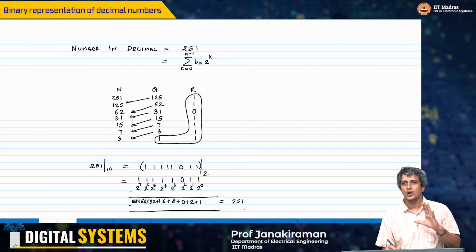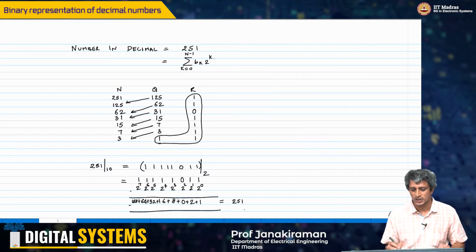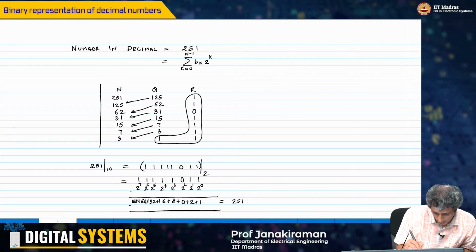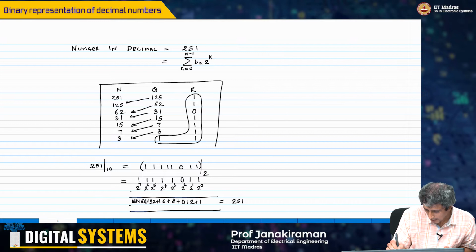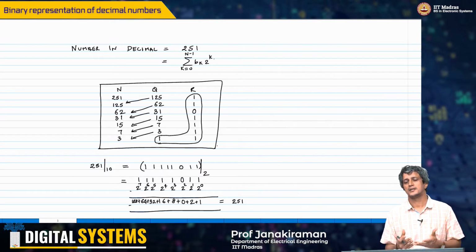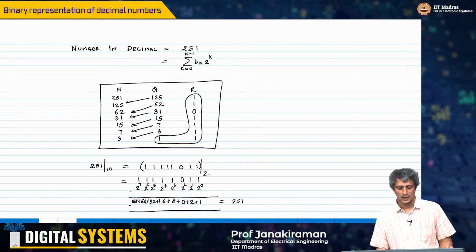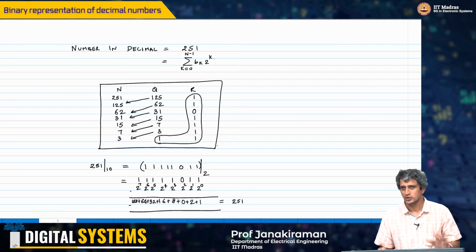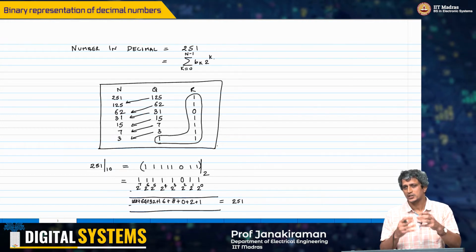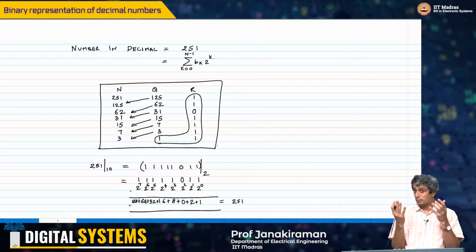So, in order to convert a decimal number to binary, just follow this procedure that I have shown here. Keep dividing by 2 and you will get the answer in a very straightforward manner. The weighing balance example was only to give you an analogy so that you understand the significance of the binary number system.